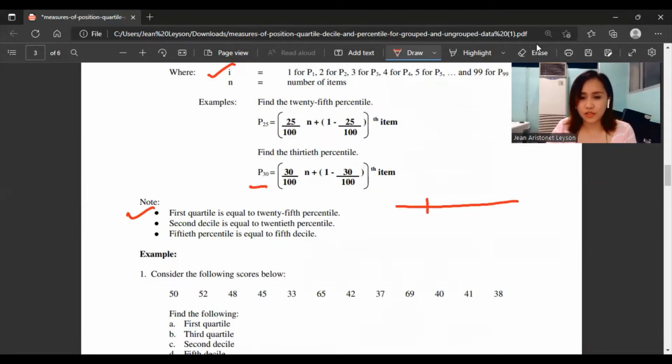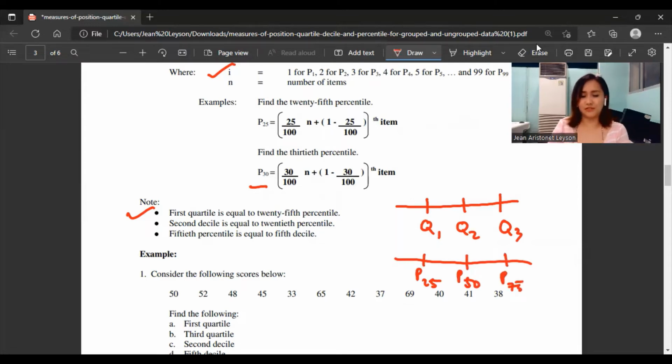So 1, 2, 3, Q sub 1, Q sub 2, Q sub 3. This is P sub 25. This is P sub 50. This is P sub 75. Okay.